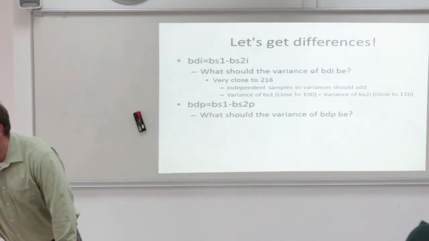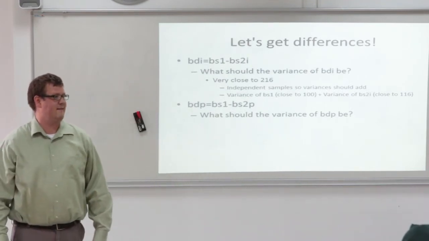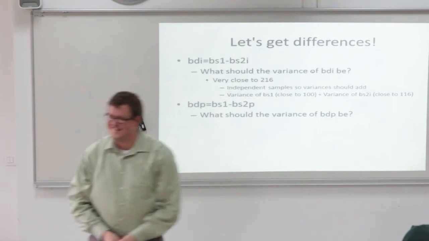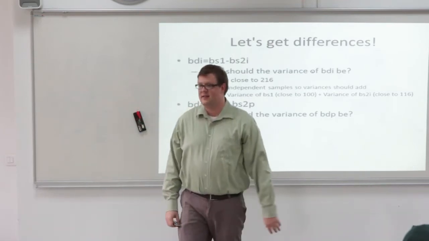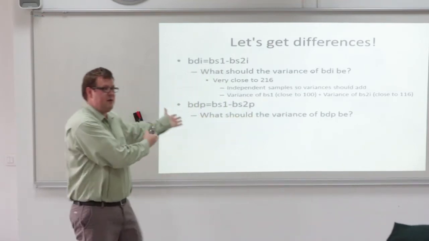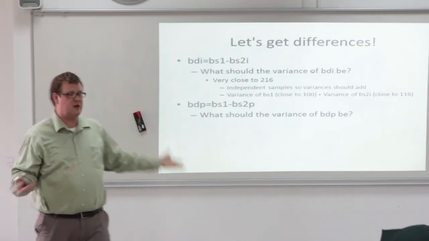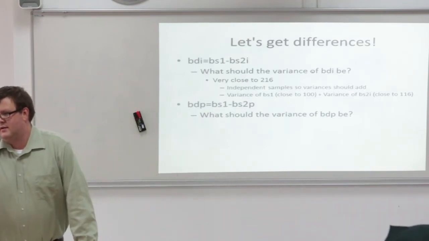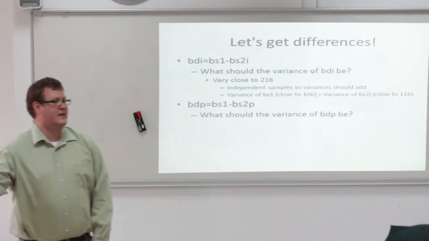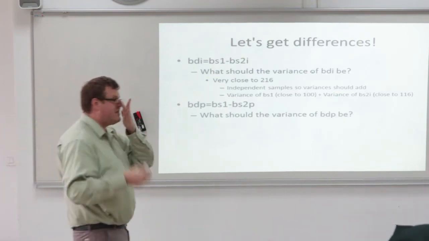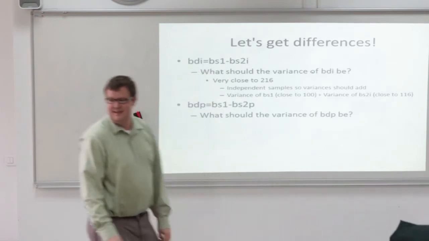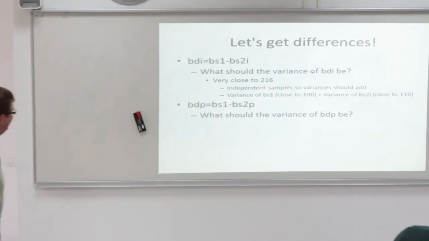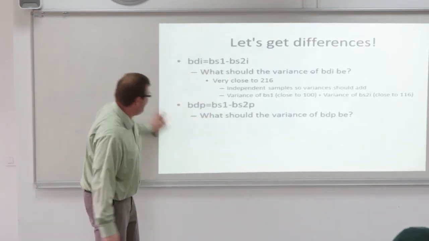What did you say? 16. How did you know? I mean, it's not going to be exactly, we have a finite sample size, but it should be fairly close to 16. How did you know this? She just guessed. You know, brilliance. It's uncontrollable. She's so smart, she doesn't even know.